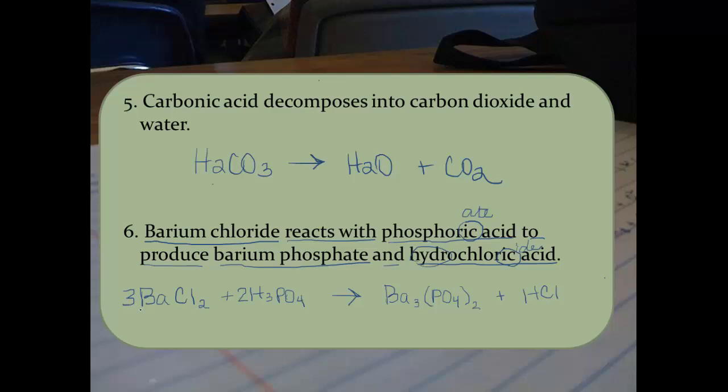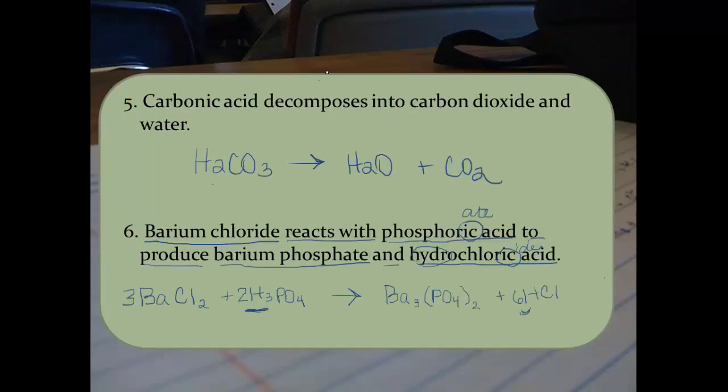Chlorine has a coefficient of 3 and a subscript of 2, so you multiply them. I have 6 chlorines on the reactant side, so I need 6 chlorines on the product side. And now hydrogen last. I have 6 hydrogens in the HCl, and look at this. I have 6 hydrogens on the reactant side because it has a coefficient of 2 and a subscript of 3, so you multiply them. So this has turned into a balanced equation.